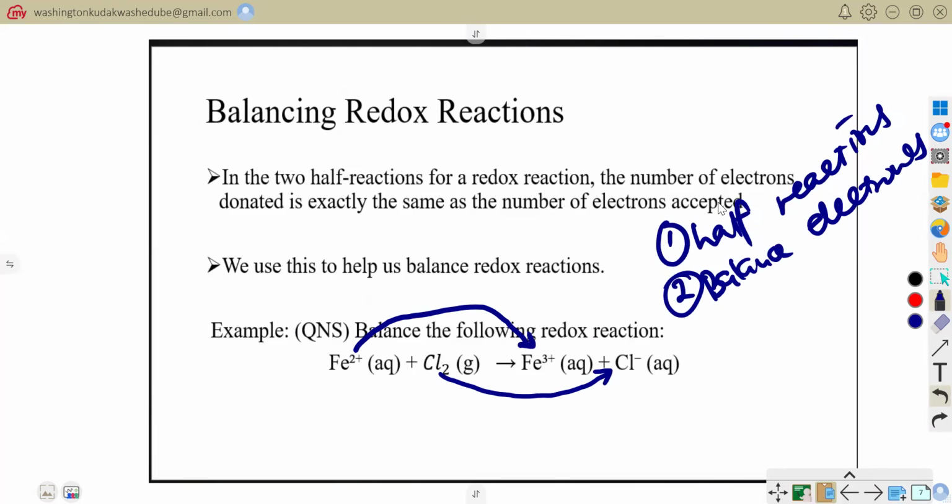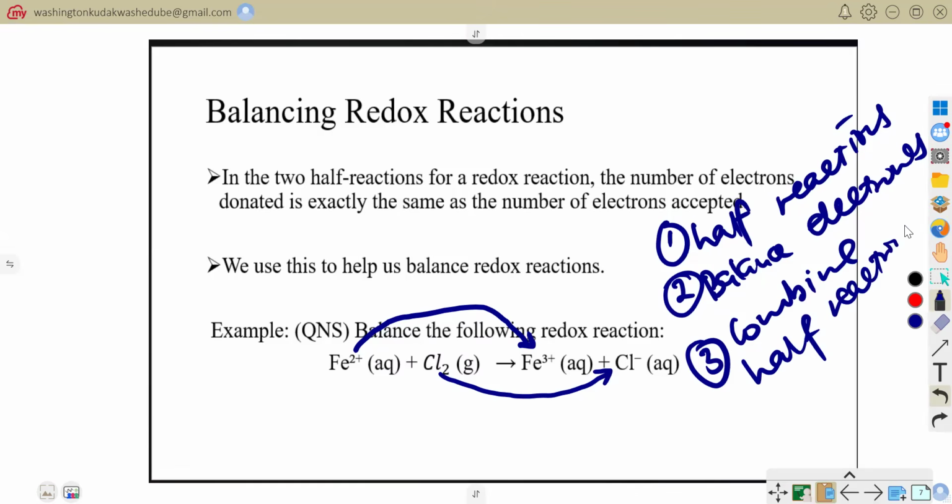After balancing the number of electrons, we then combine the balanced half reactions. After combining them, we cancel out the electrons that are taking part, because you will be having the same electrons on either side.